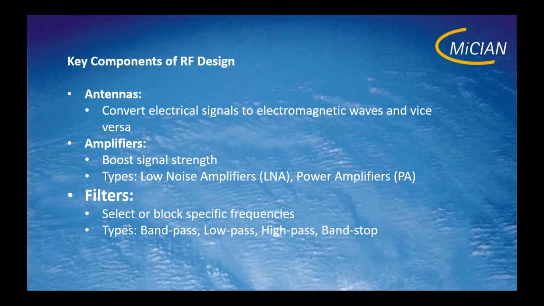And then filters. I have bolded it a little bit more because I'm going to talk in much more detail about RF filters in this presentation. Filters are widely used because any RF system operates in a defined frequency spectrum, with some kind of frequency bands.